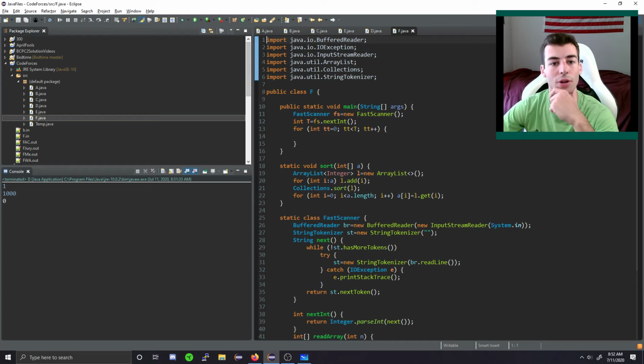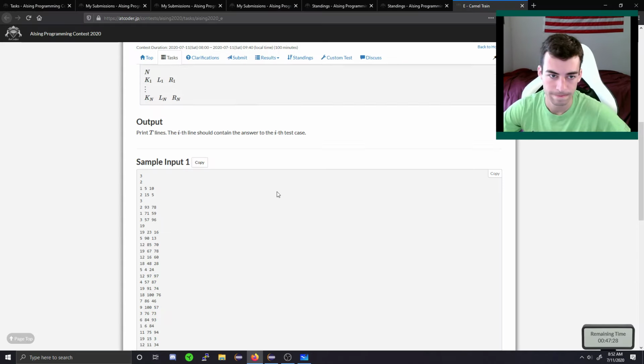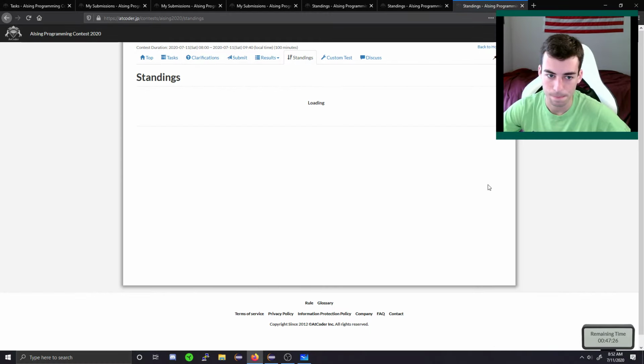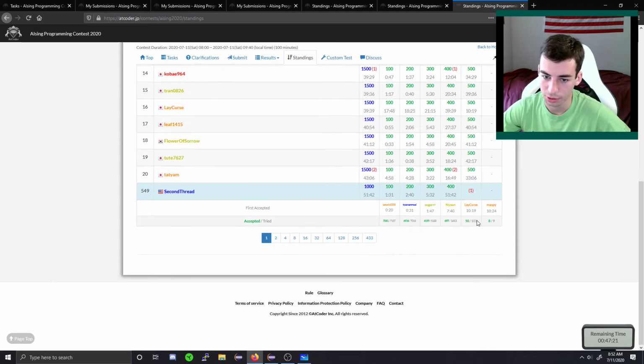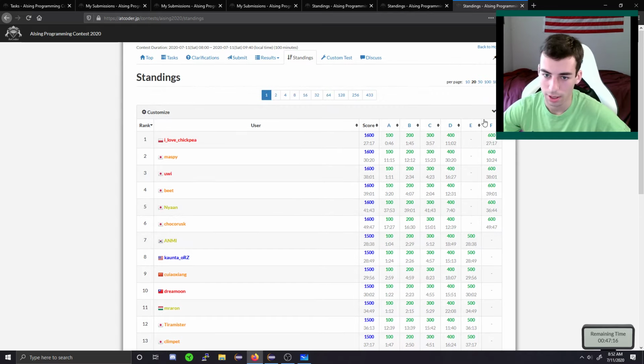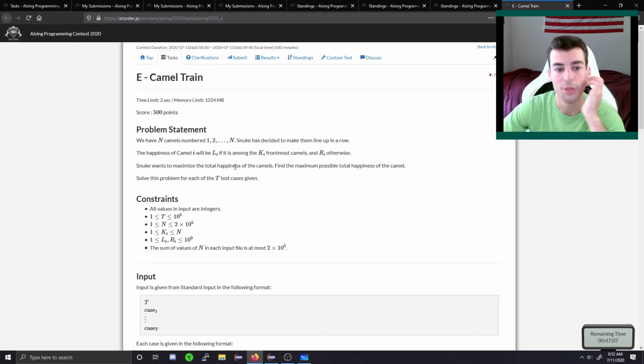E and F are what's left. Looking from standings, it looks like E is an order of magnitude easier. And just subjectively, I'm very bad at math problems, and F is definitely a math problem. So E is where I need to be at the moment in terms of placing well. Although that's already going to be sketchy, but we'll see.